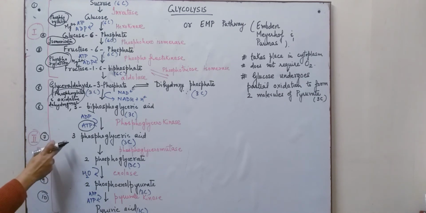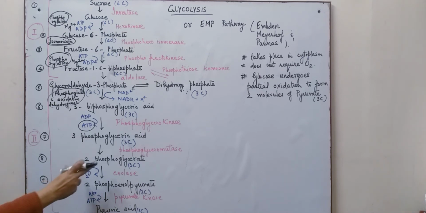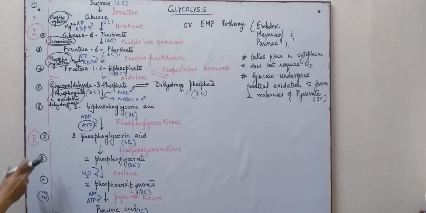The next step, that is the conversion of 3-phosphoglyceric acid into 2-phosphoglycerate, happens in the presence of enzyme phosphoglyceromutase, and it is an important step. Again, the 3 carbon atom structure is there.